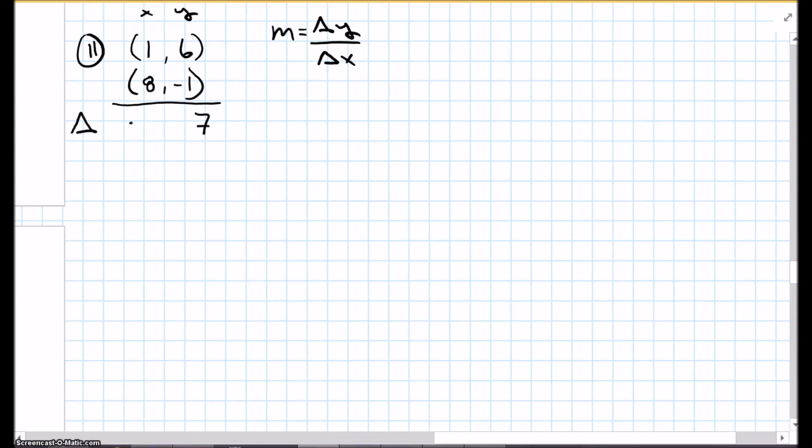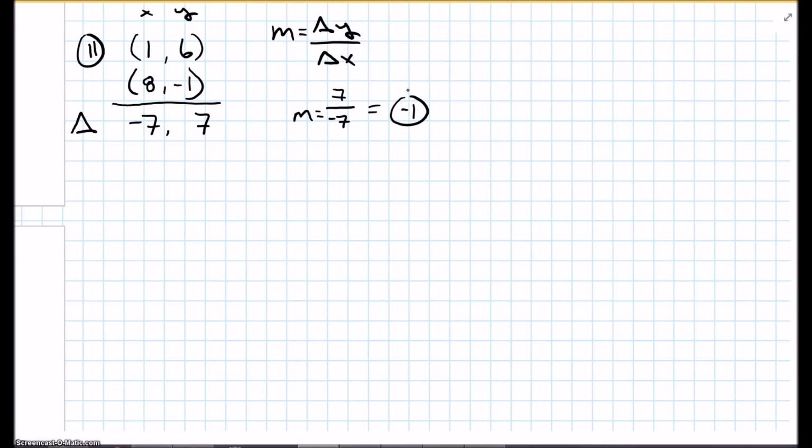What is 1 minus 8? -7. So my slope is my change in y, which is 7, over my change in x, which is -7. So 7 divided by -7 is -1. So that is my slope.